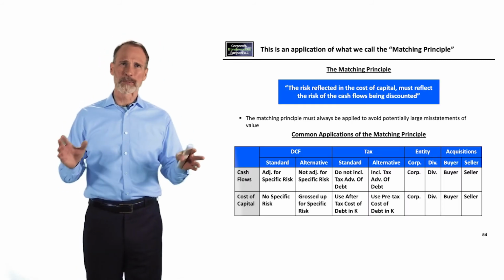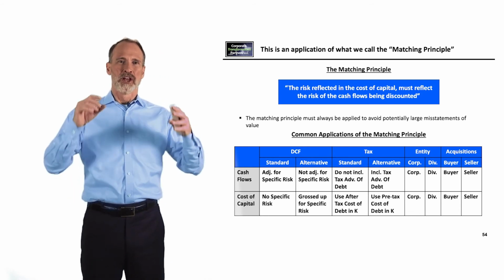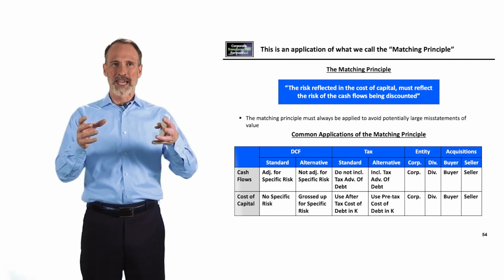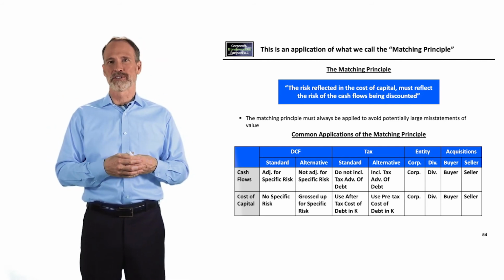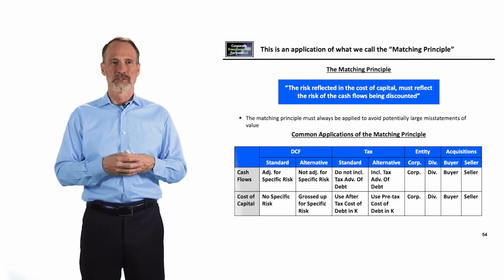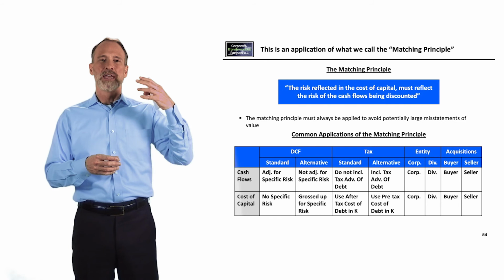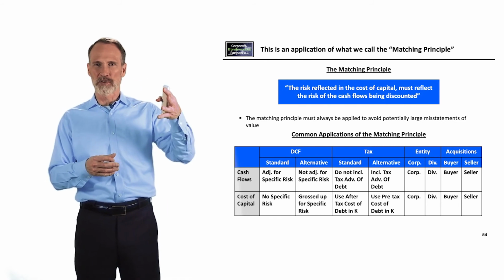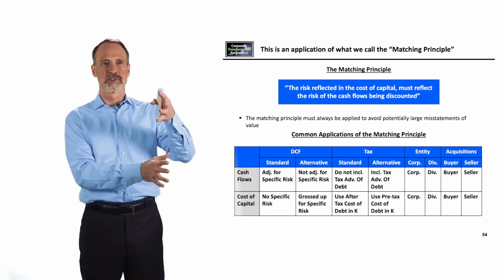So this is an application of what we call the matching principle, which basically says that the risks that are reflected in the cost of capital have to reflect the risks in the cash flows being discounted. It's just that simple. So if you've adjusted, as you see down below, if you've adjusted the cash flows for specific risks, then you can use a pure cost of capital in the discount rate and you'll be fine.